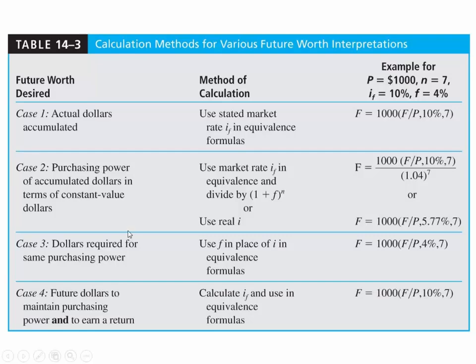Now, they're introducing this 5.77% in this bottom one here. And 5.77% is the real interest rate when you're subtracting out the effects of inflation. And so remember that the market interest rate is 10, inflation is 4, and so 5.77 represents how much your purchasing power is going to go up during the 7 years that you're earning the interest.